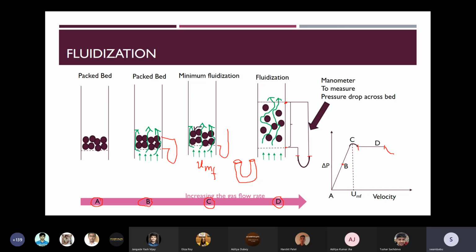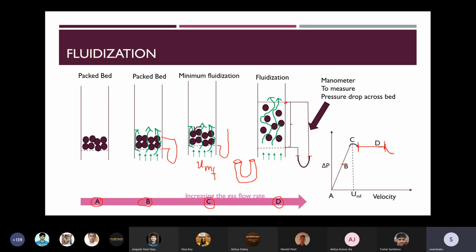This is up to fluidization. Once it goes to pneumatic transport, where the relative velocity is greater than the terminal velocity, the pressure drop will further reduce. So the study period is only up to the fluidization condition.